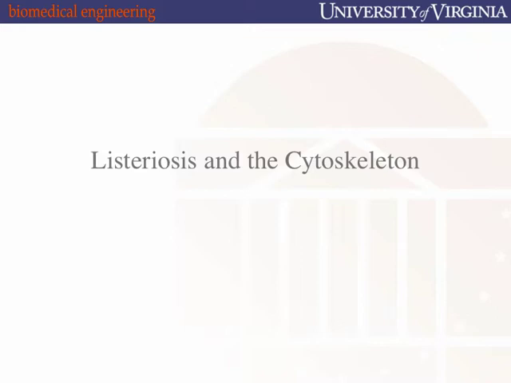Listeria is a pretty clever bacteria that's evolved a lot of interesting mechanisms to both invade cells and to evade our immune system, and it does it through hijacking our own regulatory mechanisms of the cytoskeleton. So this bacteria is going to wind up leveraging things that we've learned about in the membranes, things that we've learned about with enzymes, and now things that we're going to learn about cytoskeleton.